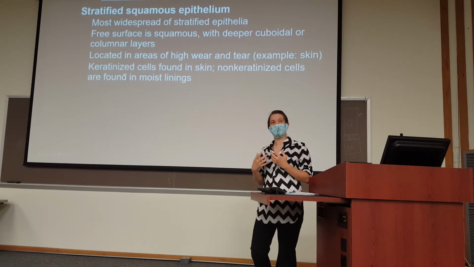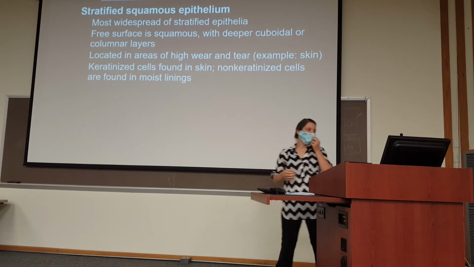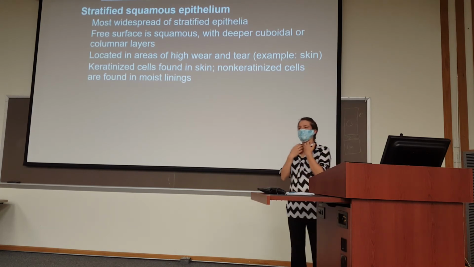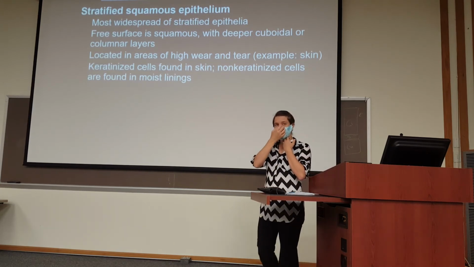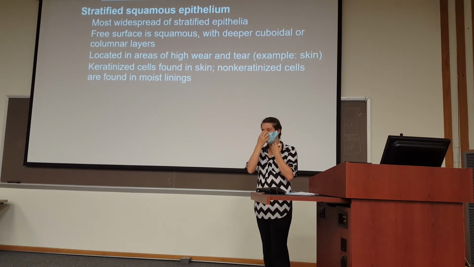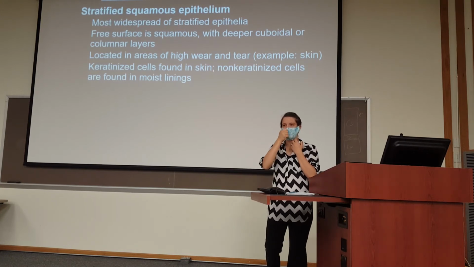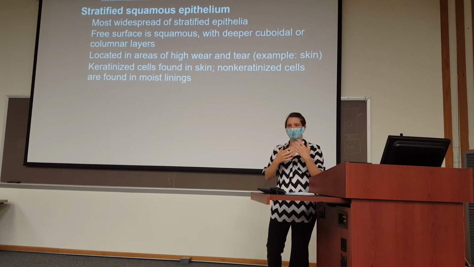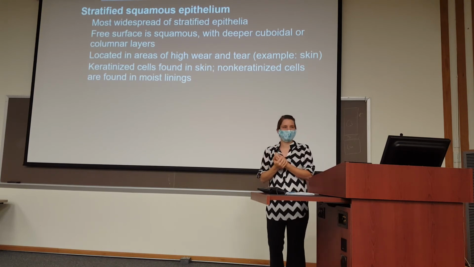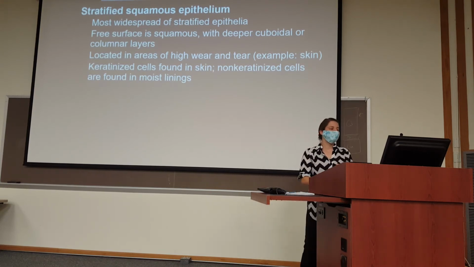It's a protein, makes it tough. On moist linings, say in your nasal cavities, they're not going to have much keratin. Hopefully because you're not sticking things up your nasal cavities quite as much. There's not as much interaction with the cruel outside world. It still needs to be protected, but it's not quite as tough.